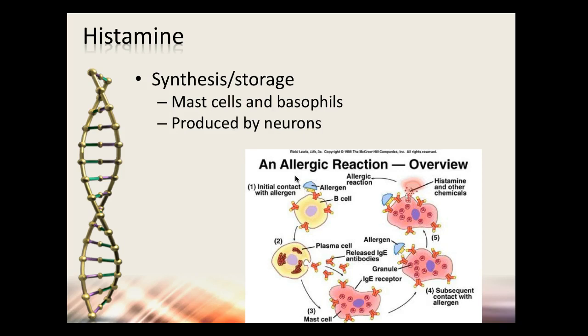So what happens here is you have an initial contact with an allergen. These little things here are antibodies. Remember, antibodies help protect? Well, what happens here is your body is actually saying, I don't like this allergen, so I'm going to release onto this mast cell here, which has these granules. Now the granules have histamine in them. That's where the histamine's stored.